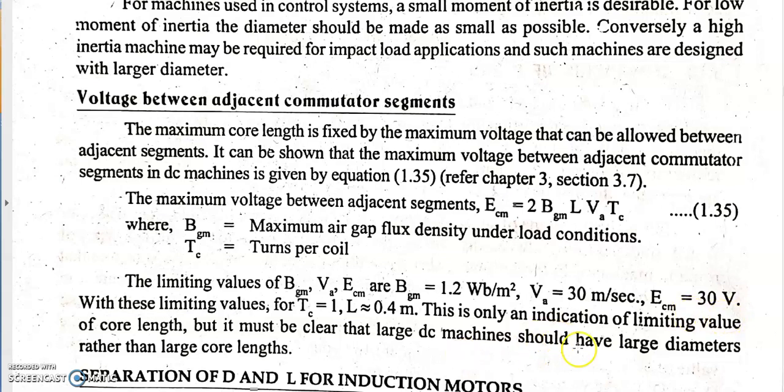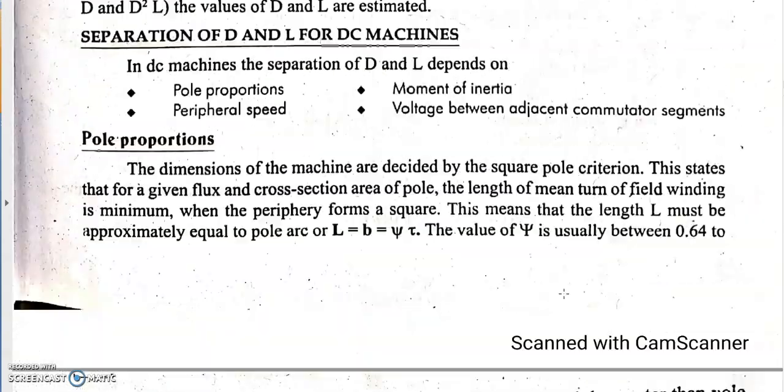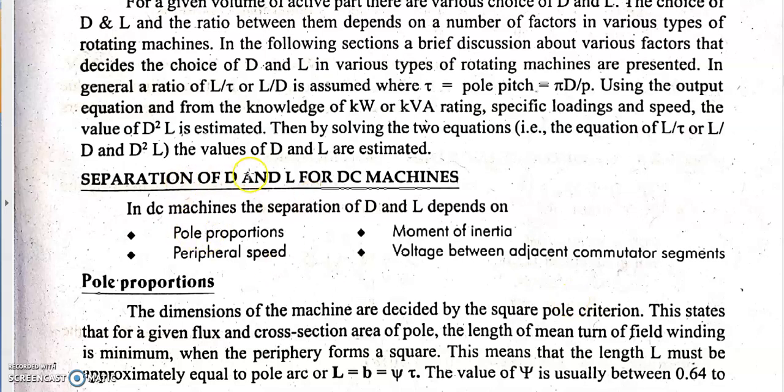So the voltage between adjacent commutator segments is another limitation in the design of a DC machine. Okay, so these four are the factors on which we will be separating out the D and L parameters from the power output equation of a DC machine.